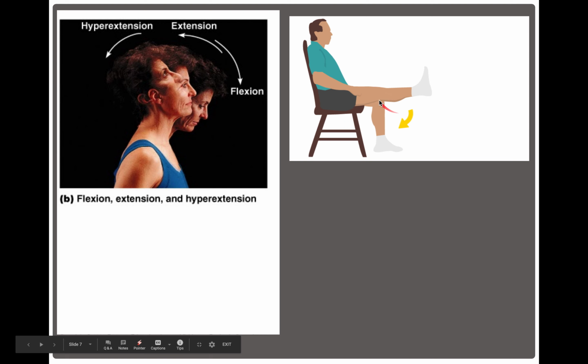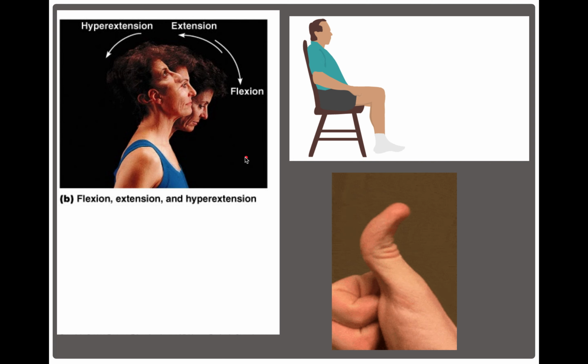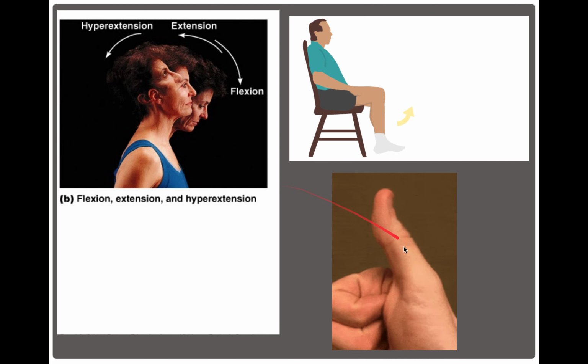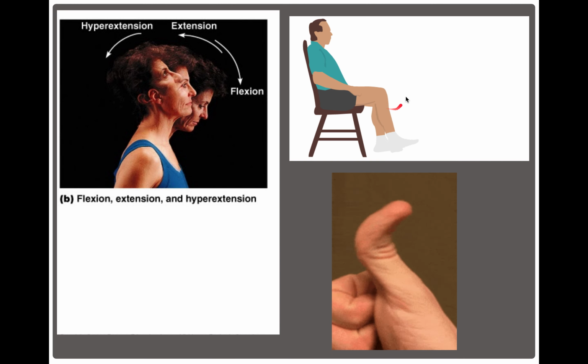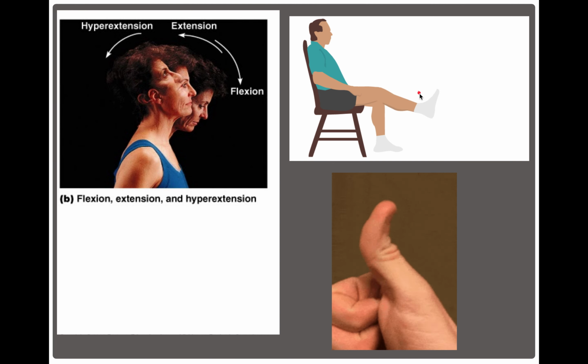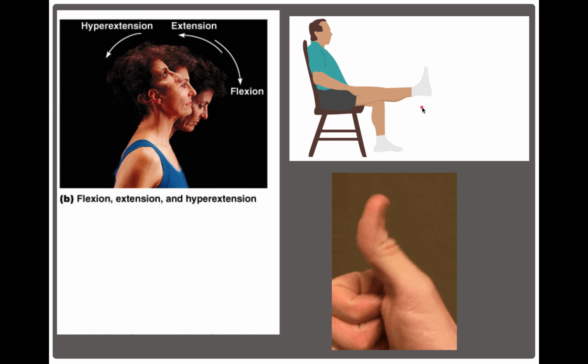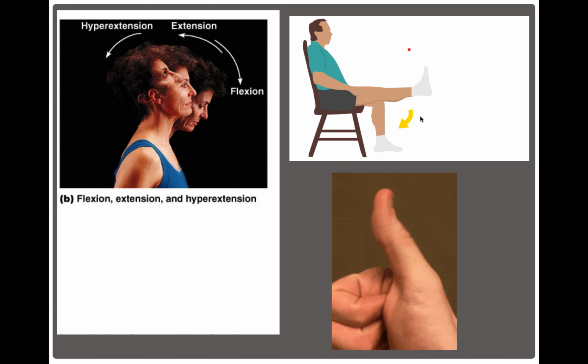When he brings his leg straight out, that would be what we call extension. When he brings his leg down, that would be what we call flexion. Pretty simple. All right. Sometimes we call something hyperextension, where the joint bends further past what we consider straight out, past extension into what we call hyperextension.